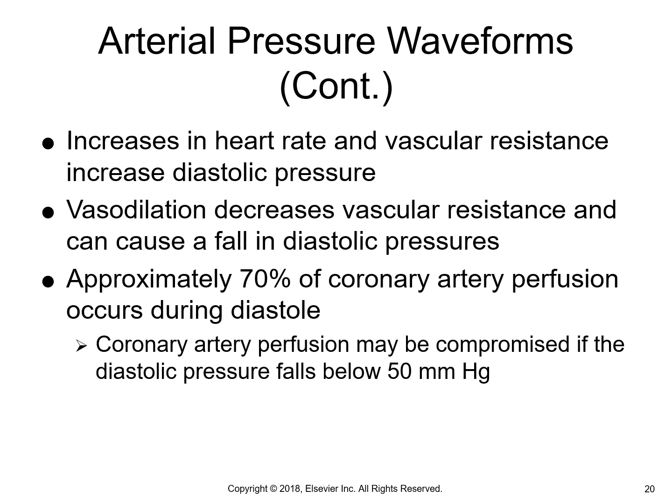Okay, so about 70% of the heart itself is being perfused during that resting phase. So that's why it's important to keep that number in a good range. If that diastolic pressure falls below 50, your coronary artery perfusion may actually be compromised. So we want to make sure the diastolic, your lower number, is above 50.